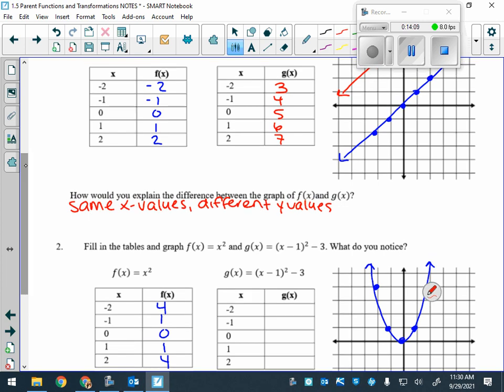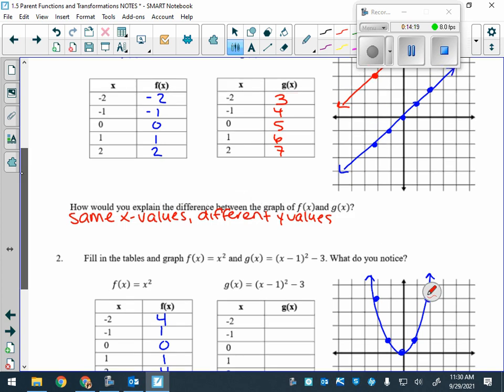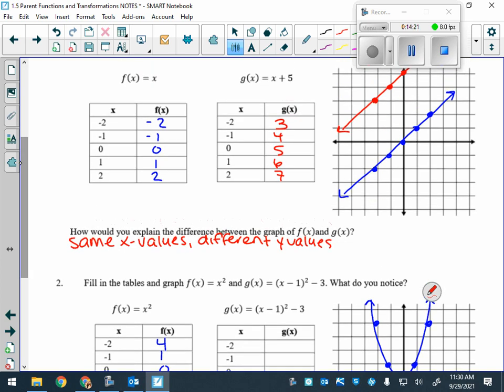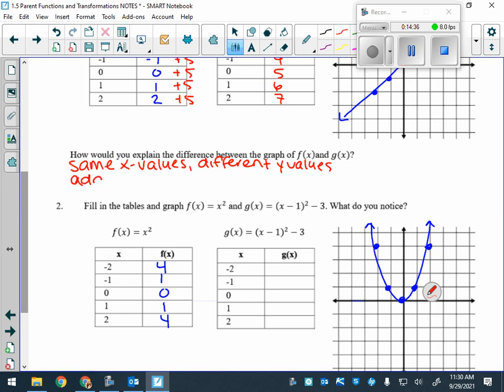Good. So we took f of x, you could look at it this way as well, f of x, and we added 5 to those y's. That's what it looks like. So you add 5 to the f of x values. That's another way. Good.